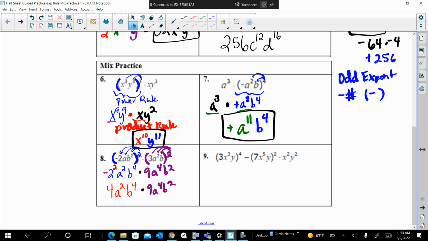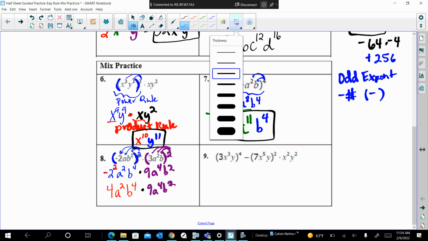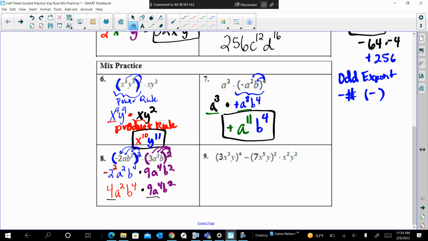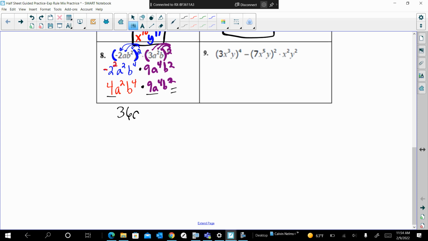You would add them. You add the exponents, but you go ahead and multiply the coefficients. So you are doing 4 times 9, which is 36. I'm going to do it underneath. And then this would be a to the 6th power, b to the 6th power.